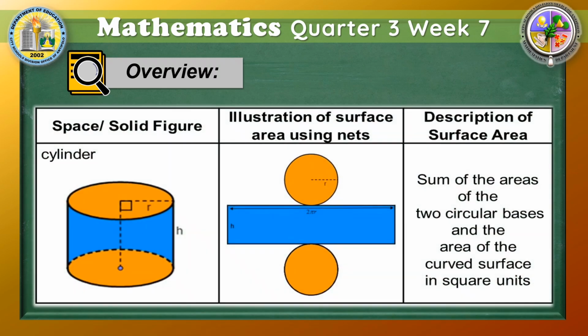Another solid or space figure is the cylinder. A cylinder's net illustrates that it has 2 circular bases and a curved lateral surface. The surface area is described as the sum of the areas of the 2 circular bases and the area of the curved surface in square units.